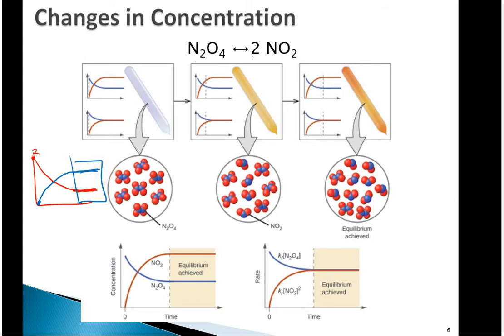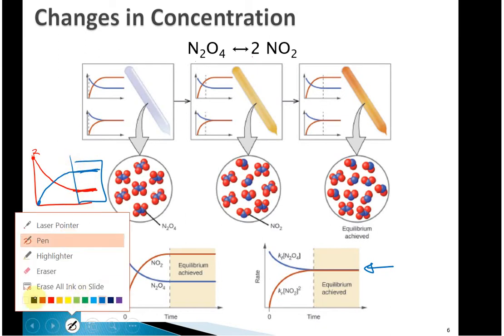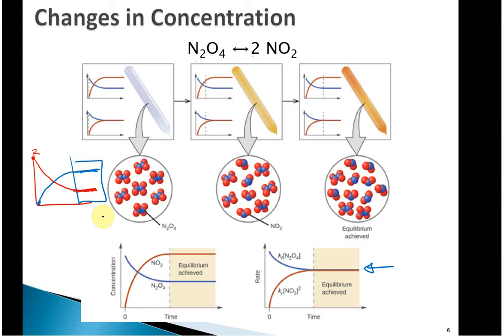Even though it looks as if the reaction has stopped, it is not. You have the forward reaction happening. You have the reverse reaction happening. It's just that now they are happening at the same speed. And so you do have reactant being made, you do have product being made, but overall their concentrations are static here.